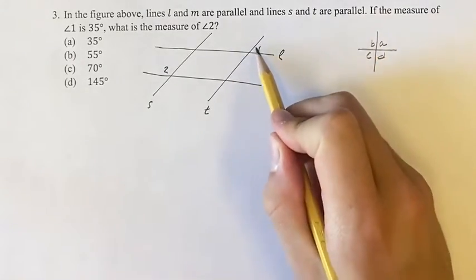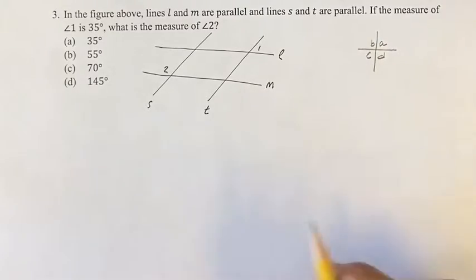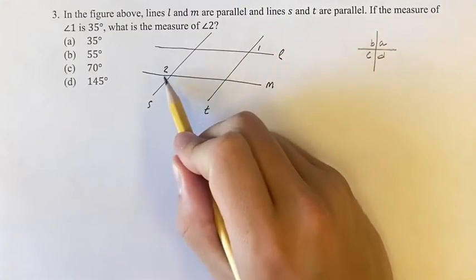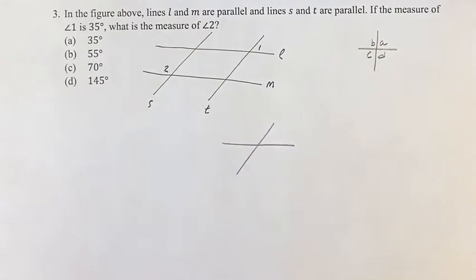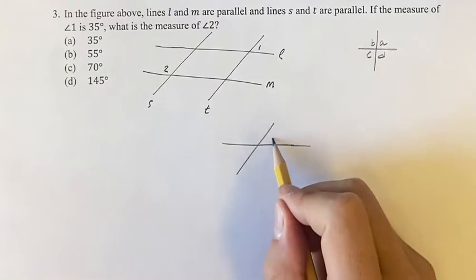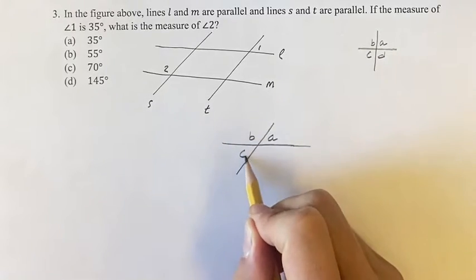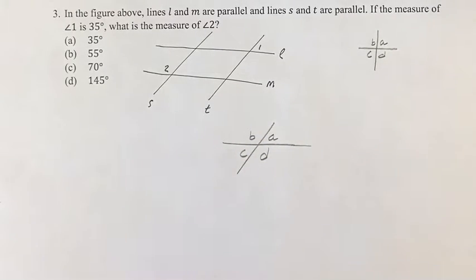So for these intersections, you'll notice we have 1, 2, 3, 4 intersections, and they all look something like this, right? So this is A, B, C, and D positions.